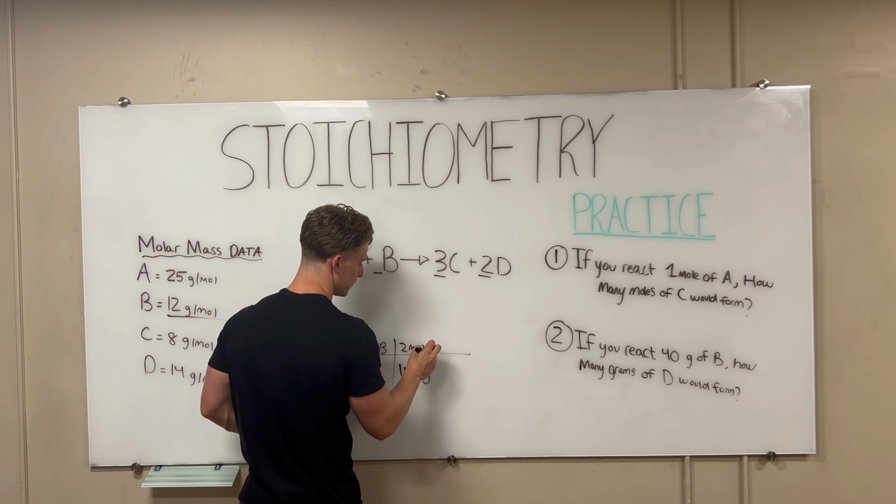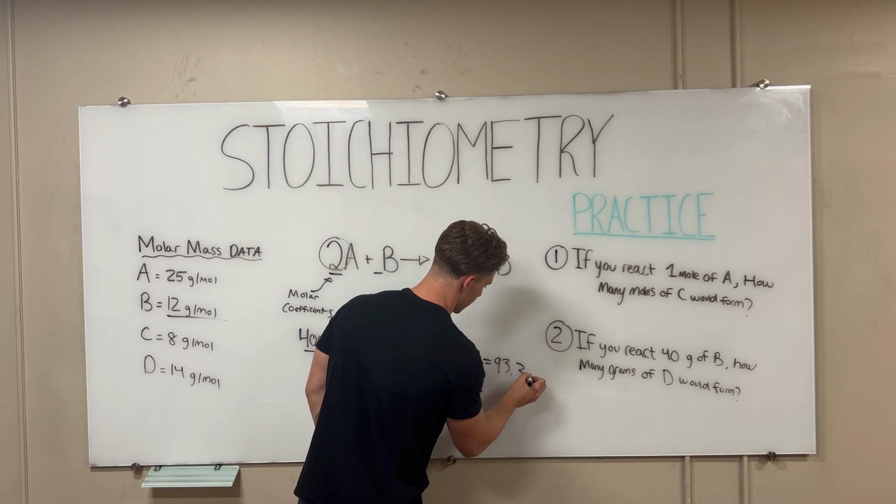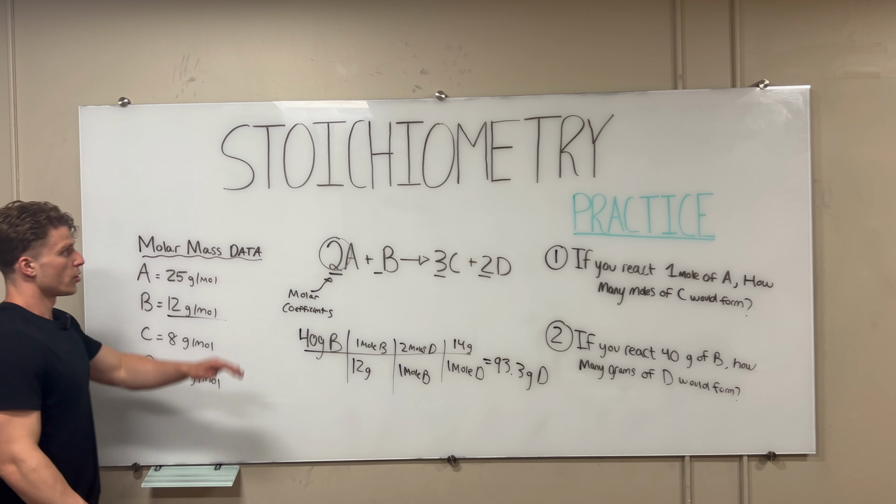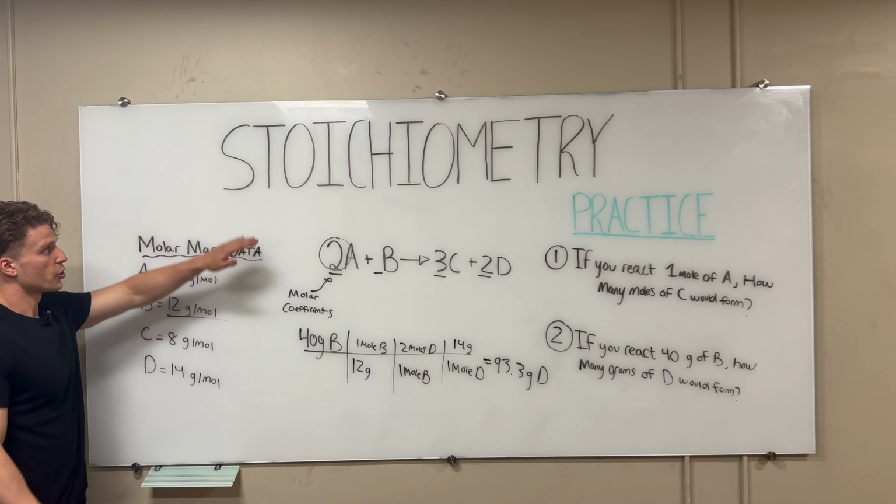So our last step is 1 mole of D is going to be 14 grams. Okay, so if we take 40 divided by 12, then multiply it by 2, then multiply it by 14, we get 93.3 grams of D.